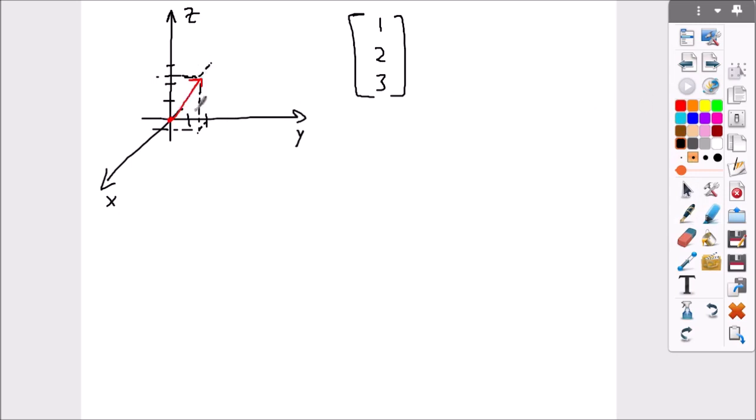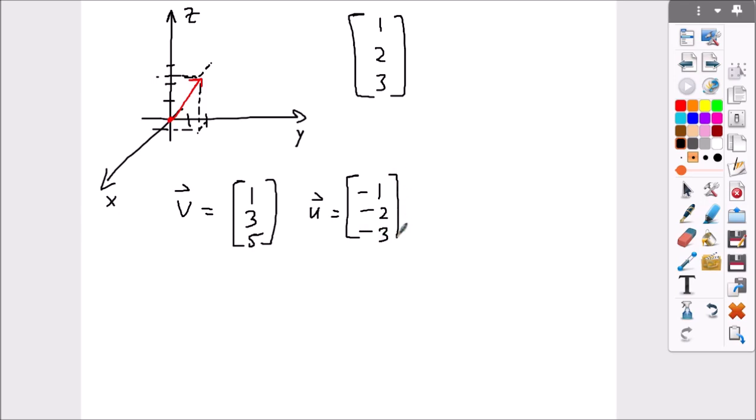What is important to know is how to add vectors in 3D space. Tip to tail still works. So if you had v equal to 1, 3, 5, and u equal to -1, -2, -3, and you were asked to find 3v minus 2u, what would that be?